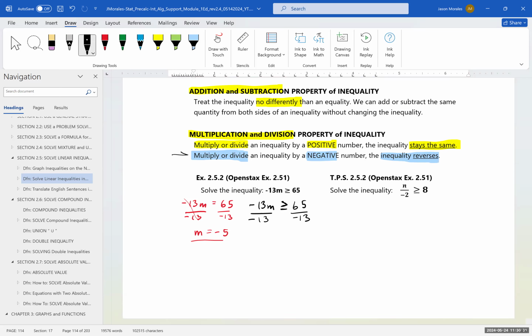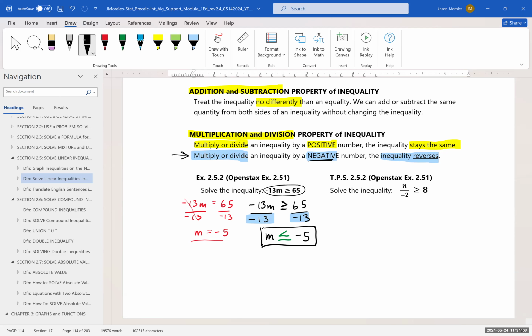But remember this rule: if you multiply or divide by a negative number, and that's what we're doing right here, we're dividing by a negative number, then we need to reverse the inequality sign. Then we can just drop down the m, and this will be negative 5. This is the correct answer. Values of m that are less than or equal to negative 5 will satisfy this inequality.